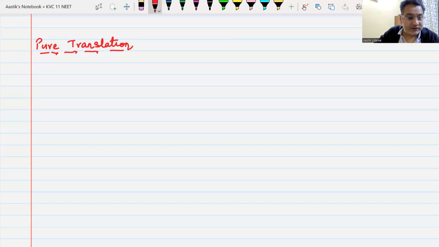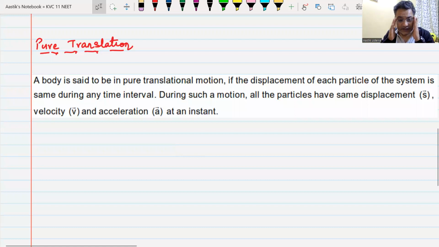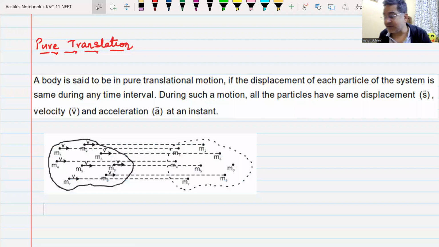Pure translation motion is a motion where all the particles move with the same velocity, same displacement, and the same acceleration. This is the motion that we were studying up till now. Whatever motion we were studying was pure translation.